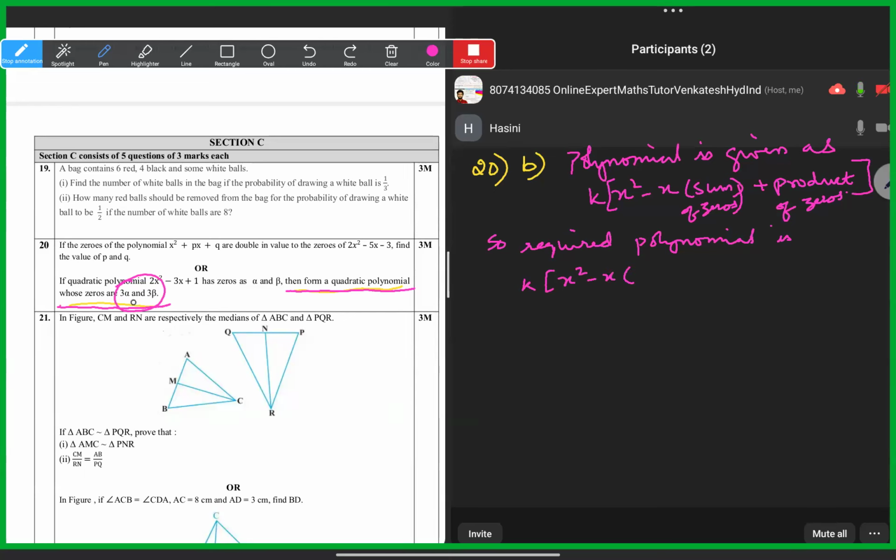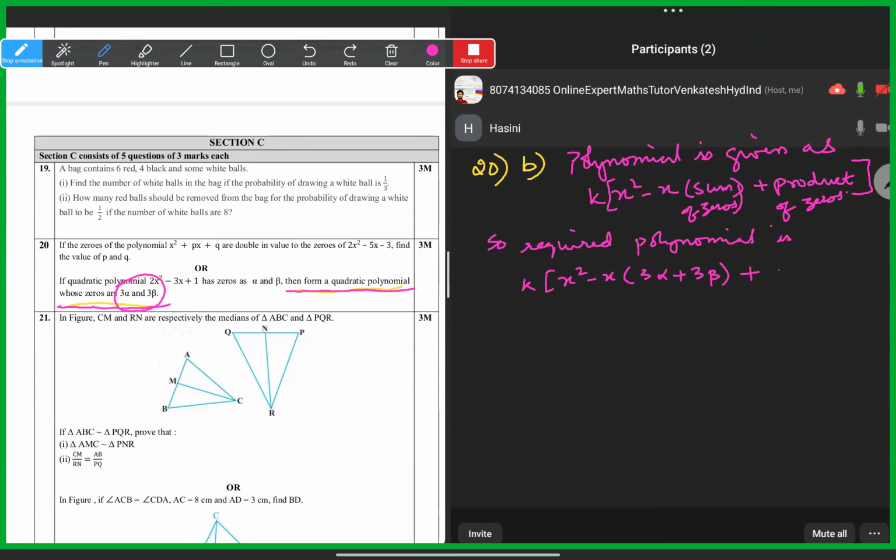Sum of zeros means you have to add 3 alpha plus 3 beta. Product of zeros means 3 alpha into 3 beta, which is 9 alpha beta. Any doubt?